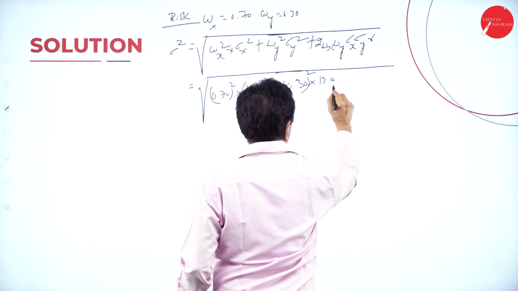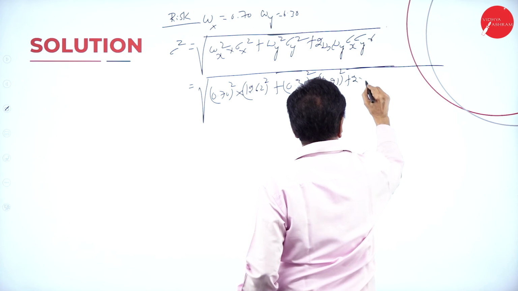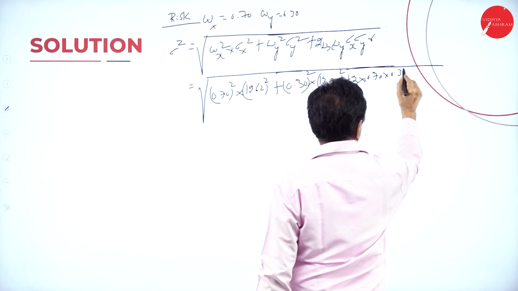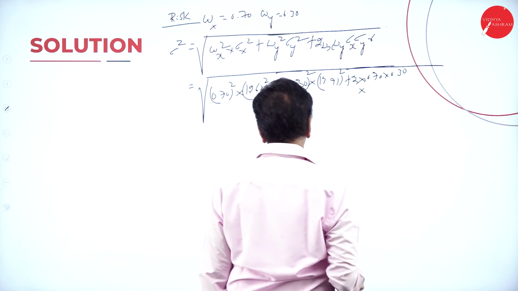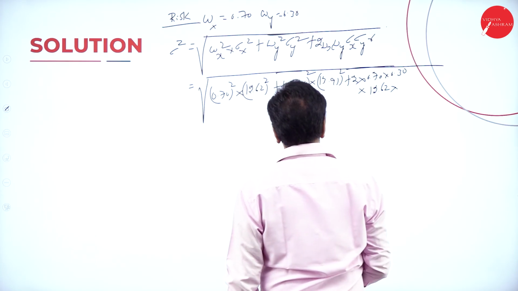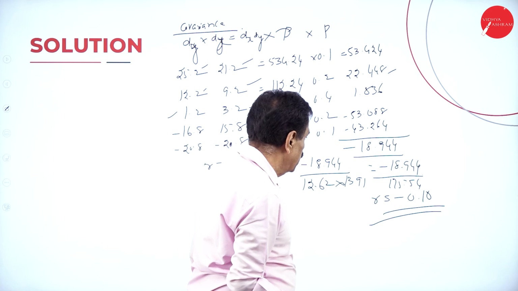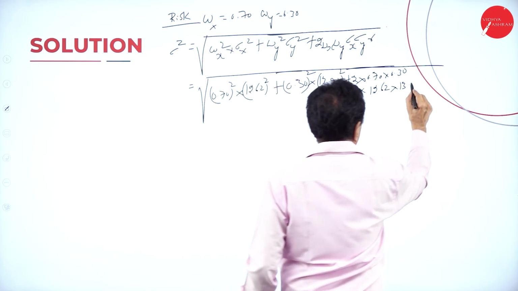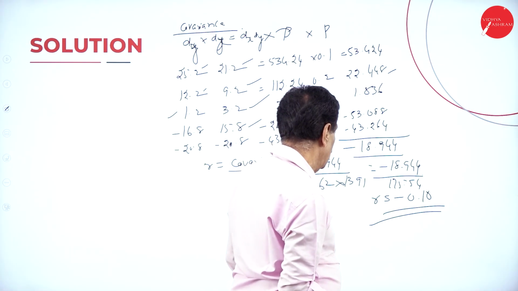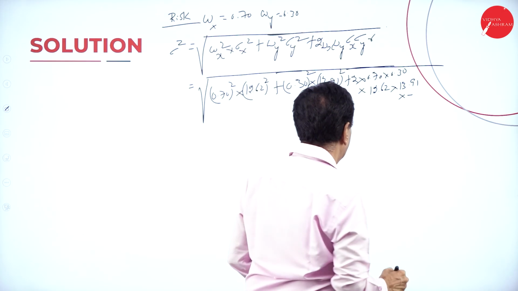Apply: root of 0.70 whole square into standard deviation x, 12.62 whole square, plus 0.30 whole square into 13.91 whole square, plus 2 into 0.70, 0.30 into 12.62 into 13.91 into R, which is minus 0.10.